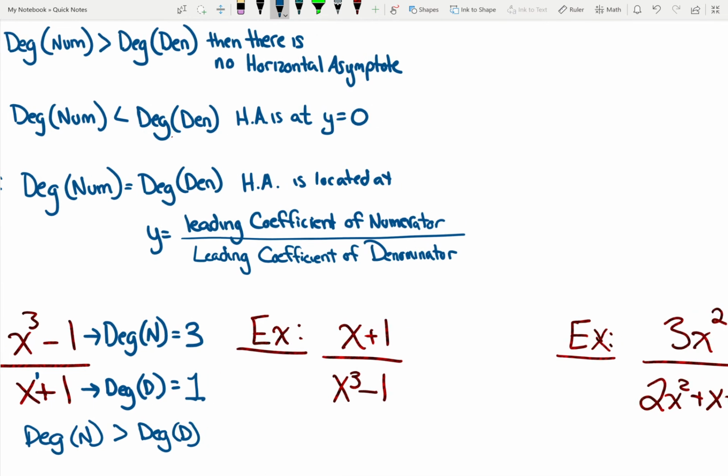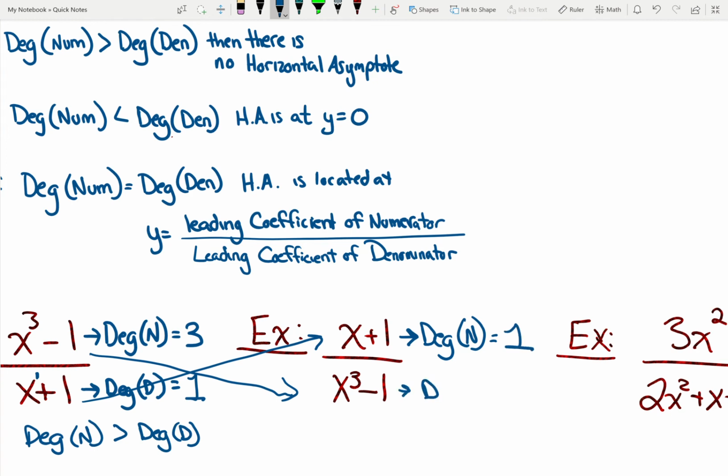Okay, let's look at the second one. Let's do the same thing. The degree of this one is actually the inverse of the first, right? We just flipped these two around. We put this one on bottom and we put this one on top. So the degree of the numerator is 1, and the degree of the new denominator is 3. So this time we have the degree of the numerator less than the degree of the denominator.